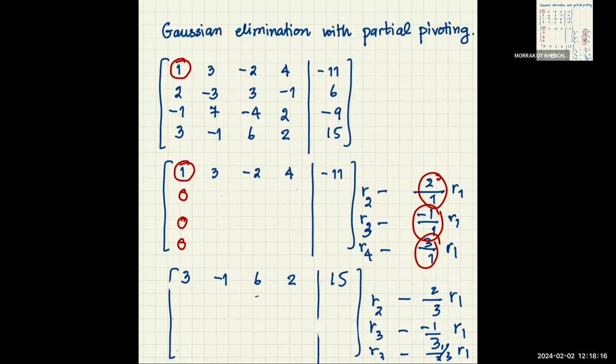Okay, so you take it up and swap the rows. The first one will go to the fourth row, and that will guarantee that your multiplier is less than 1. Then your multiplier being less than 1 means that you can control the error.